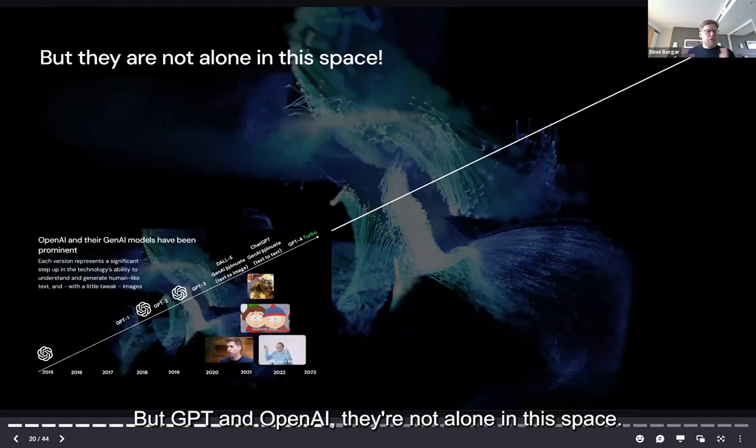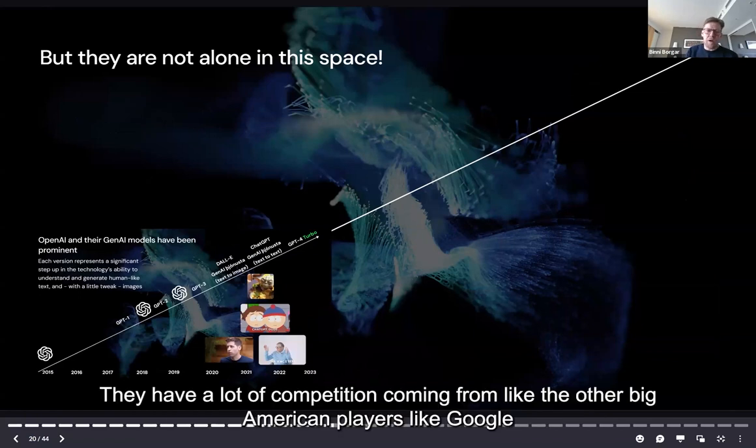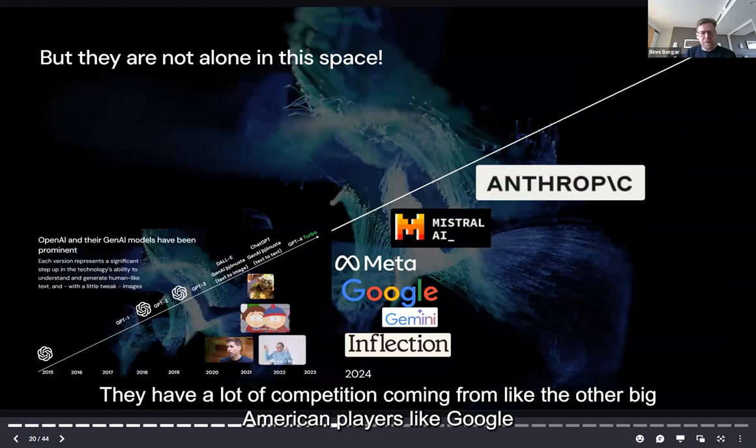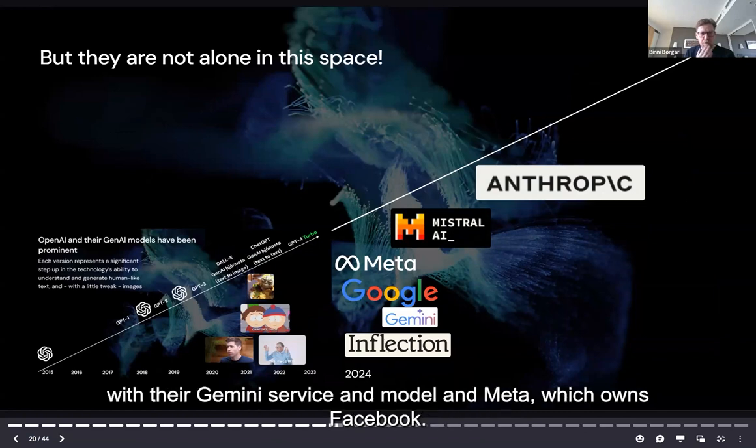But GPT and OpenAI are not alone in this space. They have a lot of competition coming from the other big American players like Google with their Gemini service and model, and Meta, which owns Facebook.